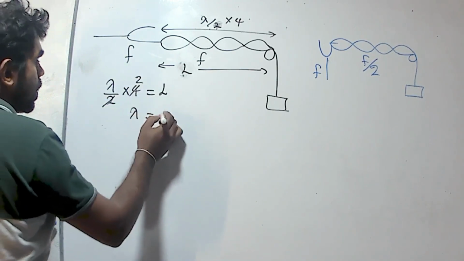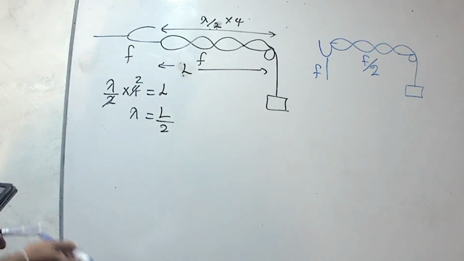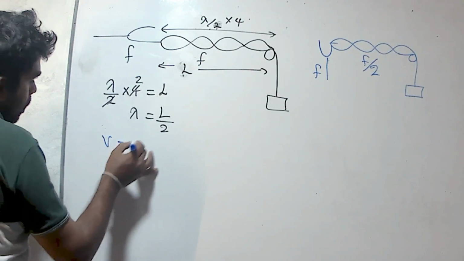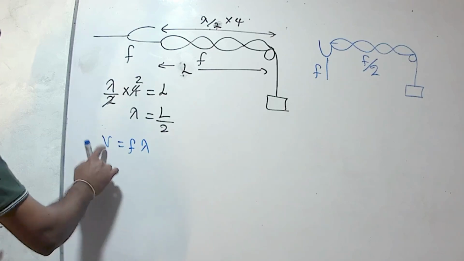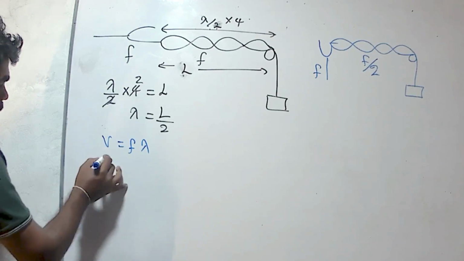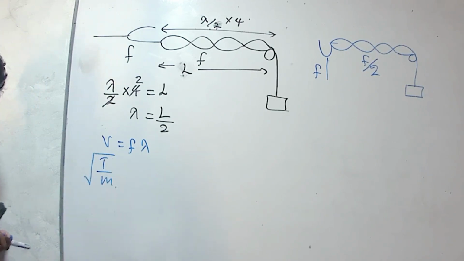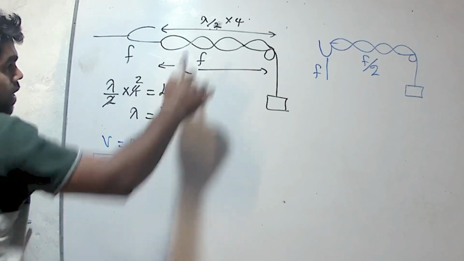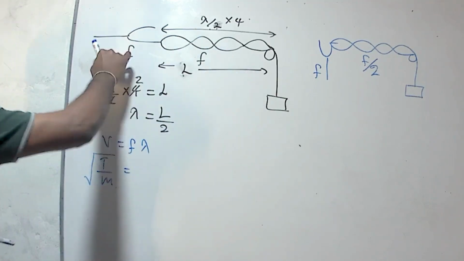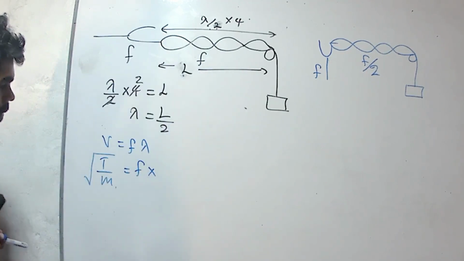Lambda equals L over 2. Now we can use V equals f lambda for the wave in the string. V is the velocity of the transverse wave, square root of tension over linear density, equals f lambda, where f is the frequency of the wire, equal to the frequency of the tuning fork in this situation.